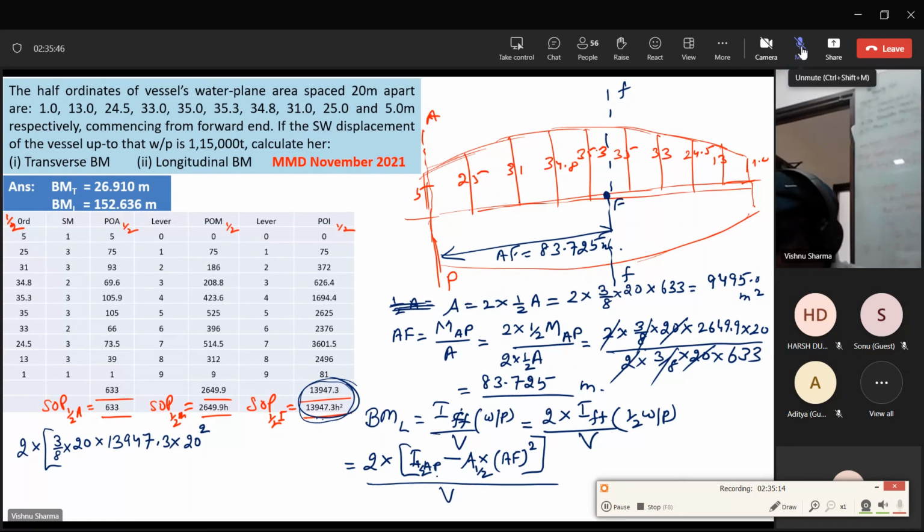This is of half about AP minus half area. How much did we get for half area, beta? Can you divide 9495 by 2? How much does it come to? Half area will be 4747.5.